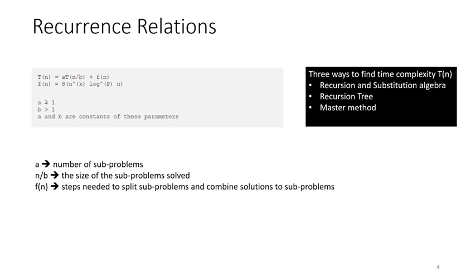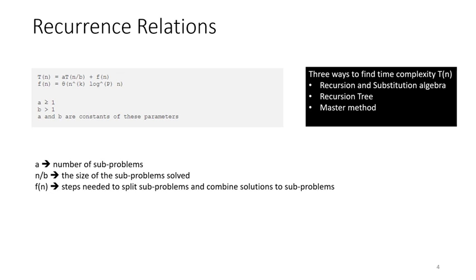So basically what I've tried to say here, in this generalized form of relation, there are two variables, a and b, both of them more than or equal to 1. These are the constants of these parameters. So a is typically the number of subproblems. So in the binary search, what is the number of subproblems? It's just 1. And then n/b is the size of the subproblem solved. b is how many divisions we are making in each step.